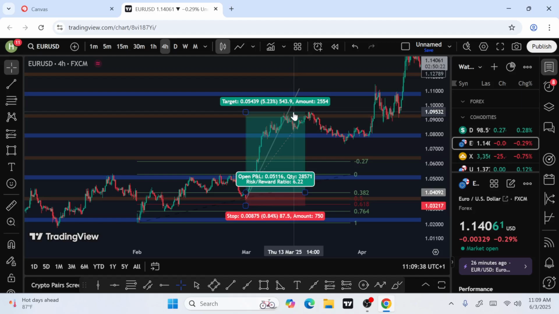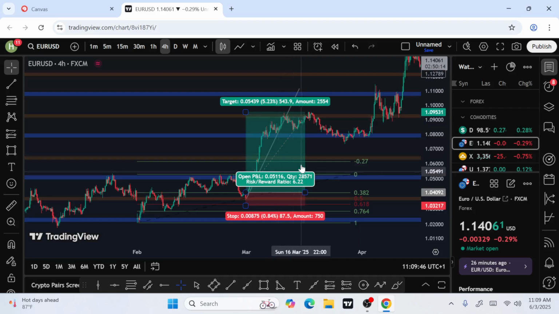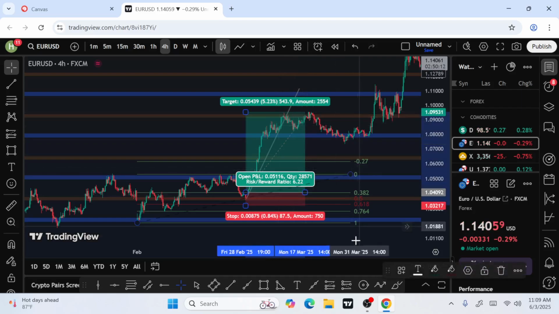Yes. Then 1 lot will now be $5,000. $5,000 is close to 10 million.